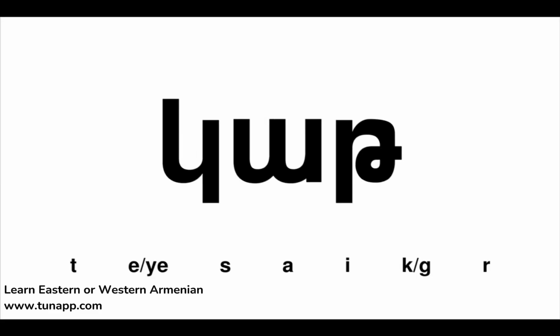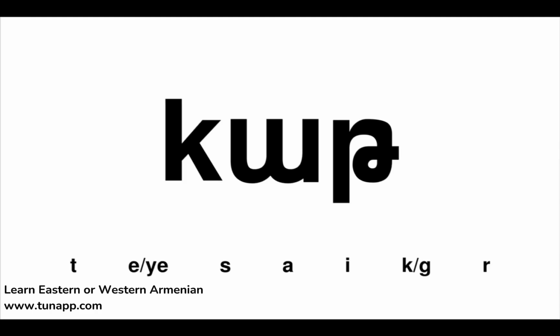Okay, and if your brain's getting tired, don't worry, because it's the last one we'll try to read today. What's the first letter you can see on screen? Do you remember the pronunciation? K or G. Well done. To save space, we've just put a K, but if you're speaking Western Armenian, it is pronounced G. What about the second letter?